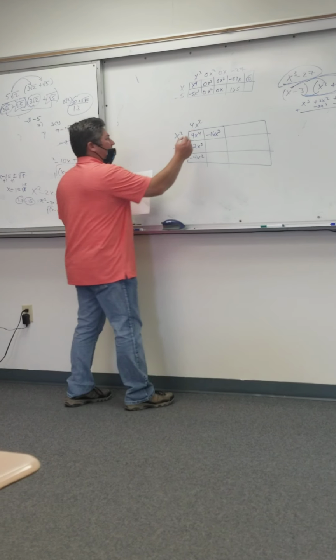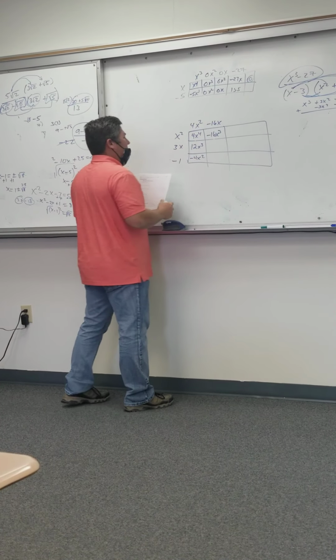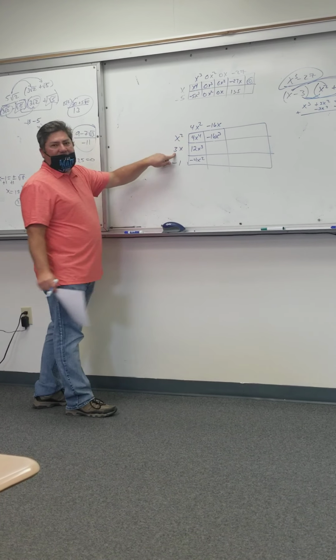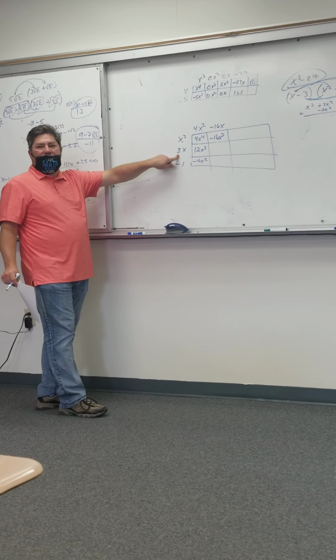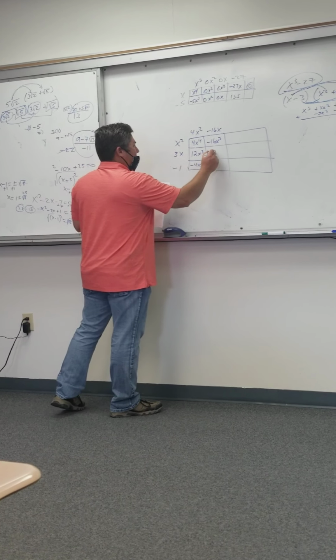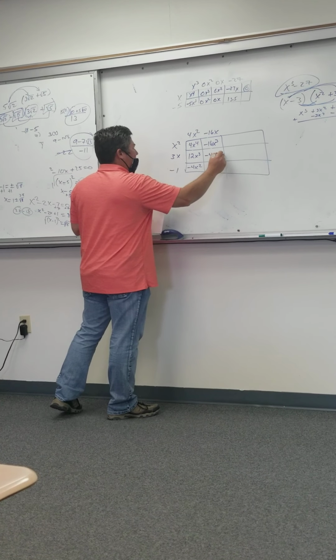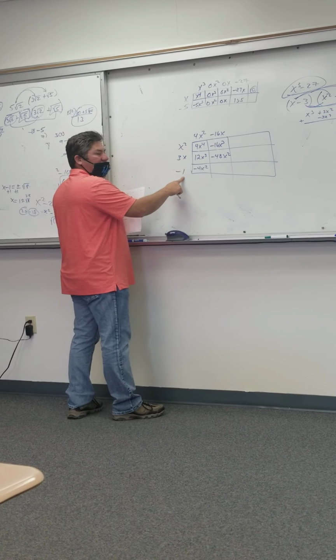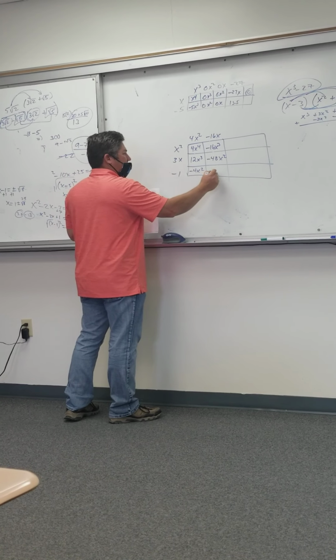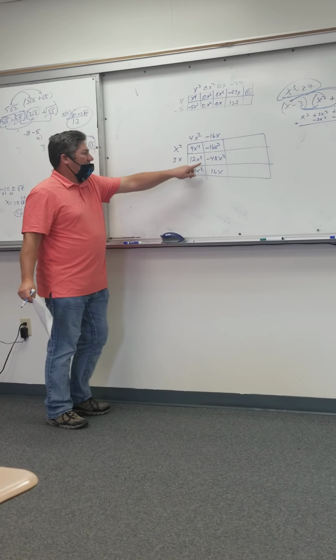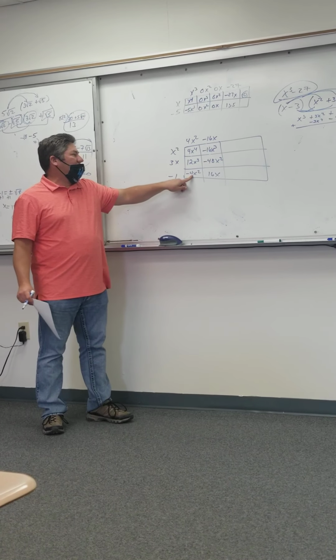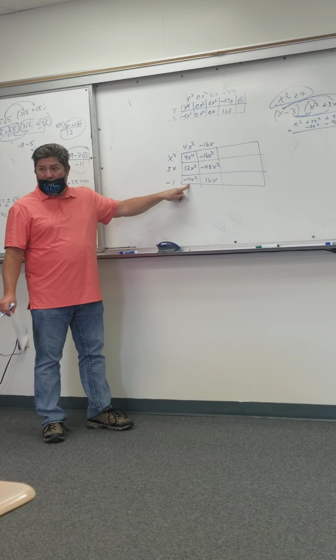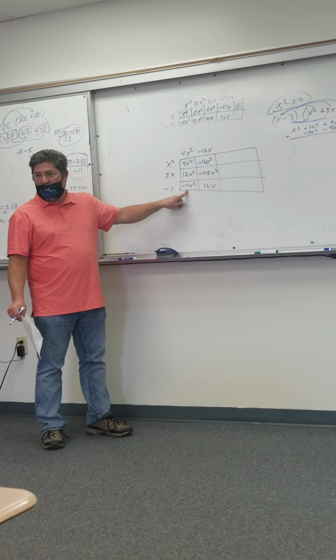Negative 16x. Times it. Negative 16 times 3 is? Negative 48x squared. Negative times a negative is a? 16x. Add these, negative 8 and negative 48 and negative 4 more is negative 52, right?